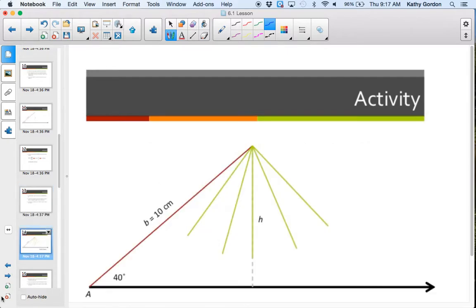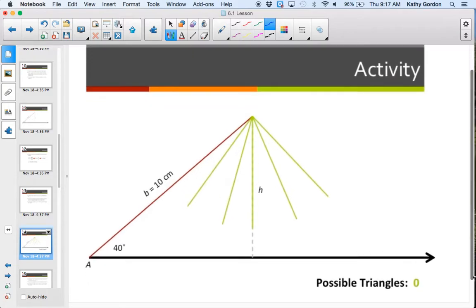All right. So if you have a distance that's shorter than H, no matter where you try to put it, it's never going to reach the other ray, right? So here's a situation where we can't make any triangles out of it, right?